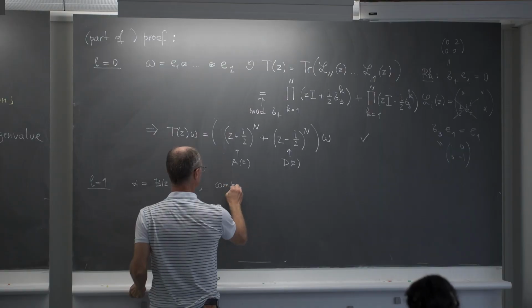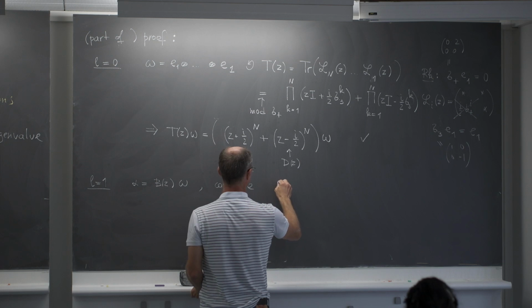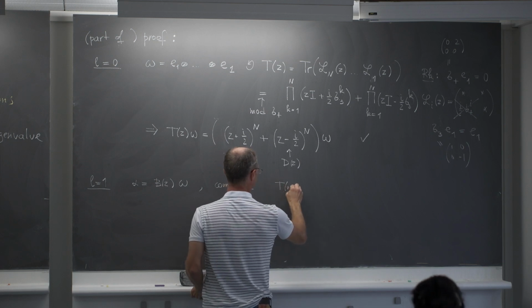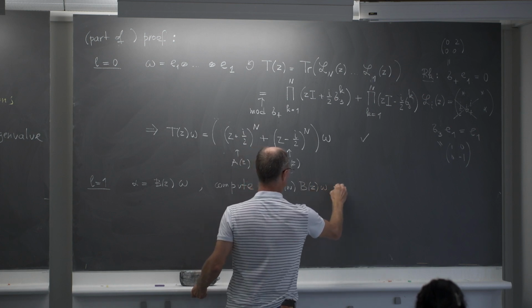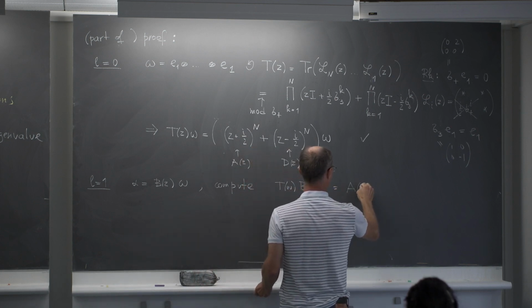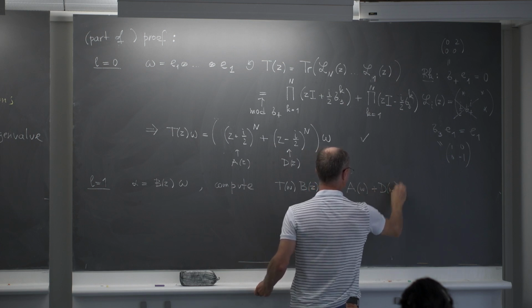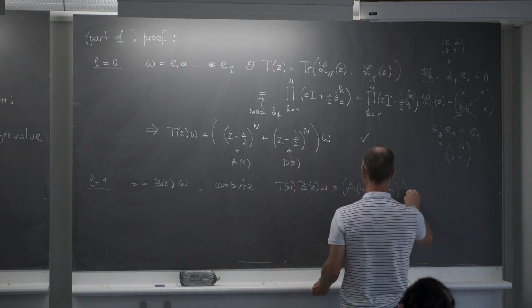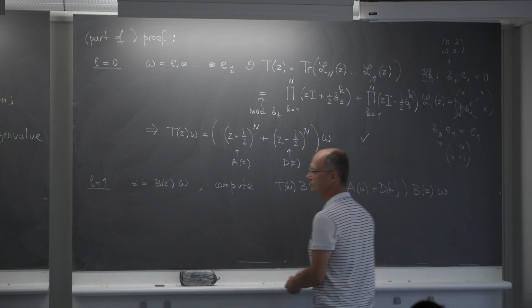So we want to compute T of w B of z omega, and this is A of w plus D of w acting on B of z omega.